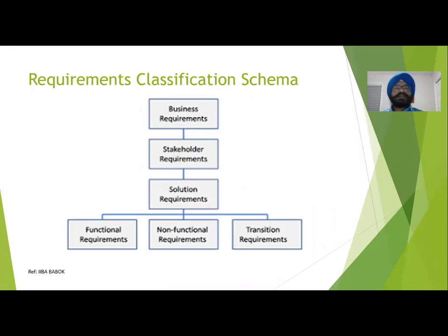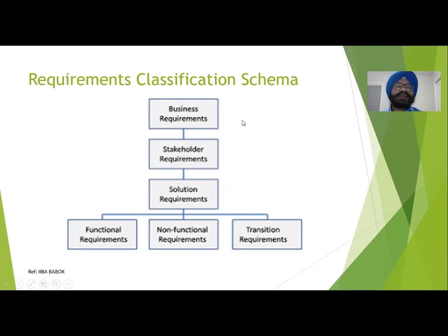Requirements classification schema. I don't know if you have attended my software testing session or not. In that, I had given a very nice diagram about what are the different kinds of requirements. But because this is not a software testing session, I'm going to stick to this diagram, which belongs to the BABOK, Business Analysis Book of Knowledge.